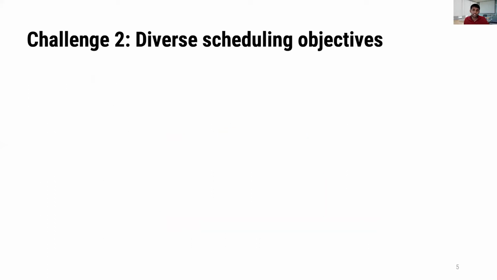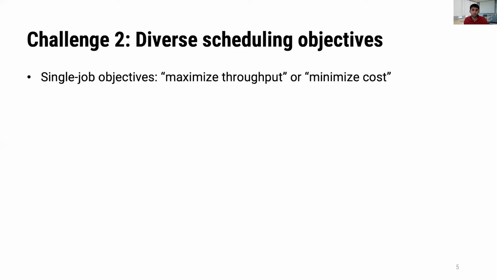The second challenge is that different deployments might want to optimize various objectives, and performance heterogeneity needs to be accounted for in different ways based on the objective to be optimized. Objectives can be specified over single jobs, for instance, maximizing the throughput or minimizing the cost of a single job.